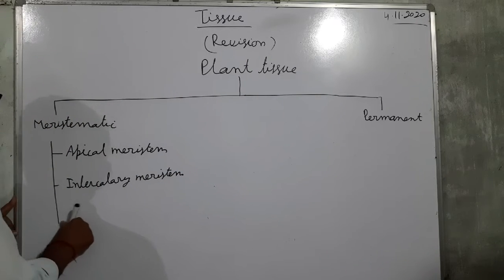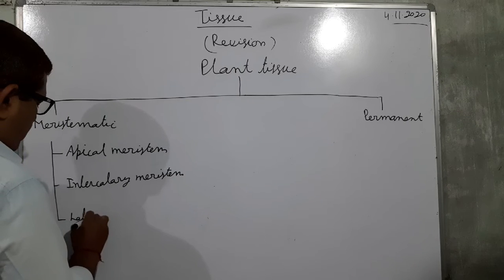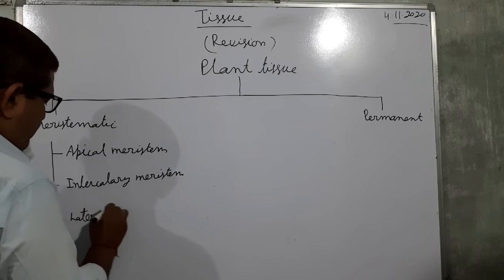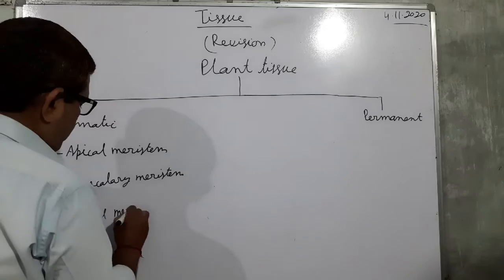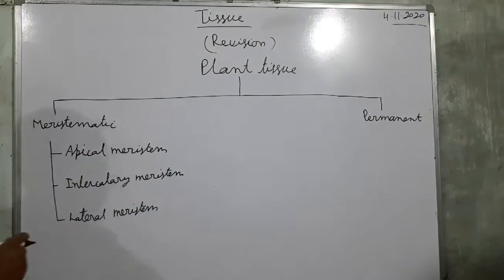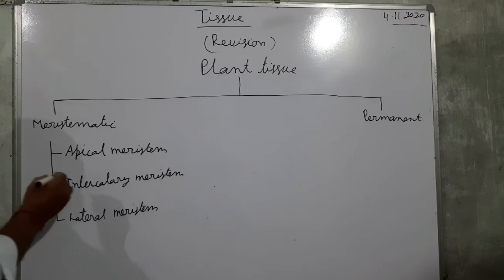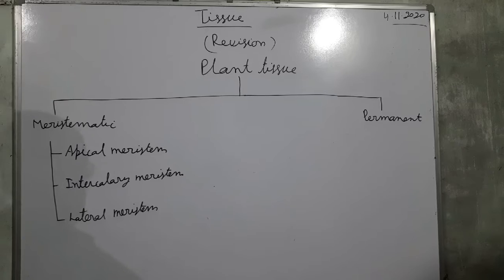And third one is the lateral meristem. Three types of meristems on the basis of their locations in the plant body.